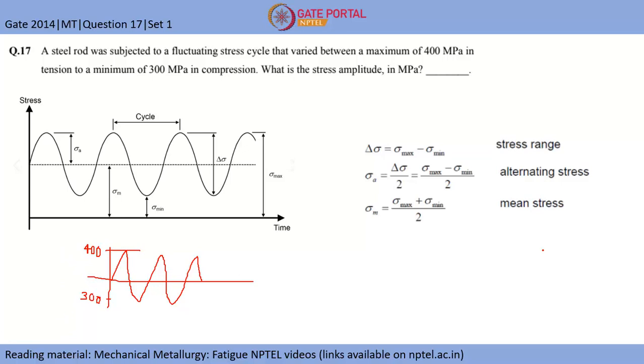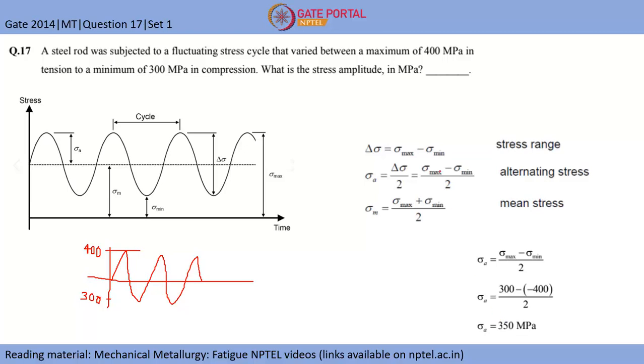Now sigma A will be given by sigma max minus sigma min by 2. So sigma max is 400 and sigma min is minus 300. You have to add these two values and divide by 2, so the answer will be 350 MPa.